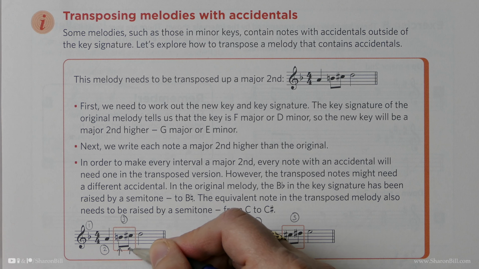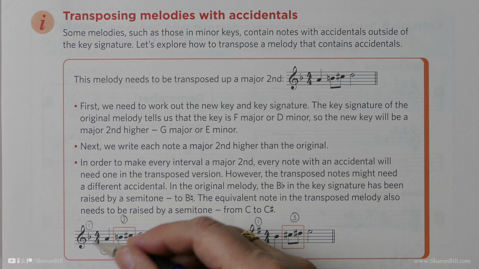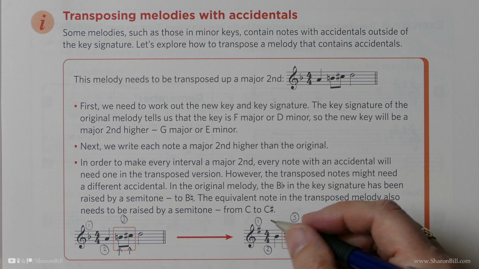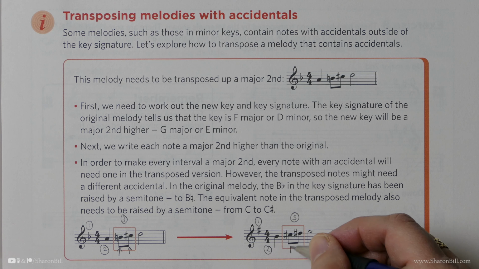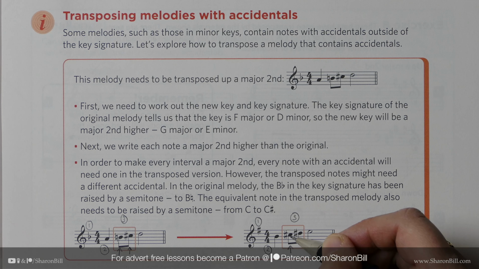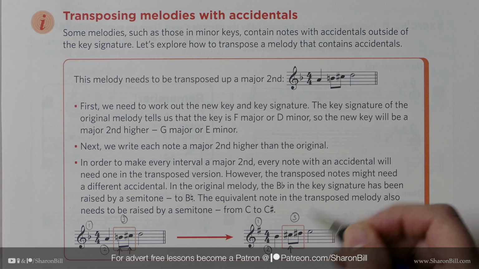This has been raised from a natural in the key signature, there's no C sharps in the key signature, by a sharp as an accidental. And so continuing this to raise, we need to raise this, which would be a C natural. So it's been raised by a sharp. It's been raised by a semitone by adding this sharp.